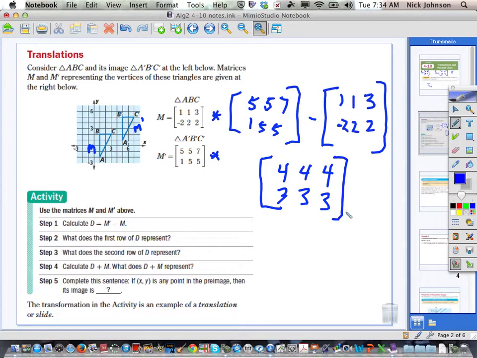So when we subtracted those, we got that matrix.